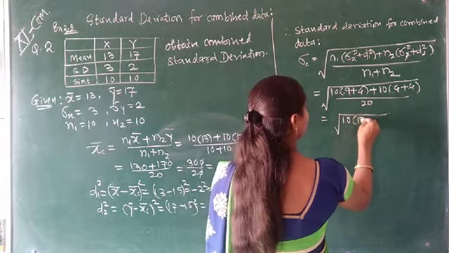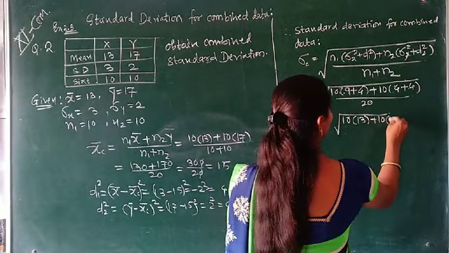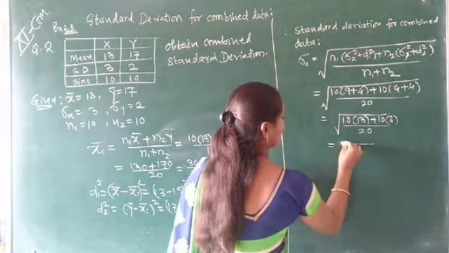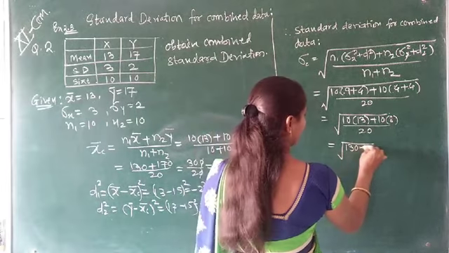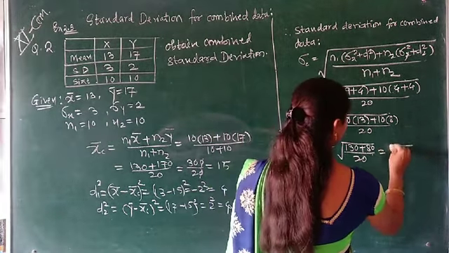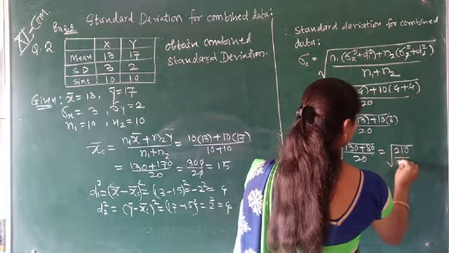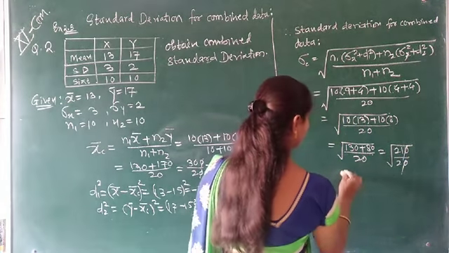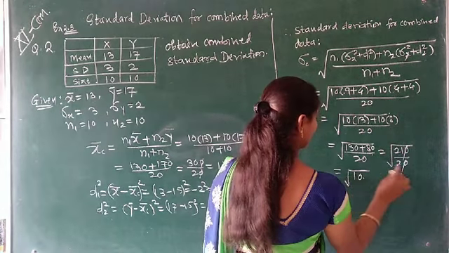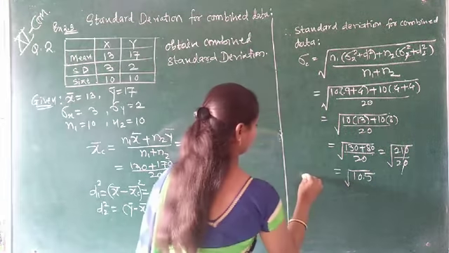So 10 into 9 plus 4, 13, plus 10 into 4 plus 4, 8, upon 20. That is 130 plus 80, that means 210 upon 20. That is 21 upon 2, which is 10.5.